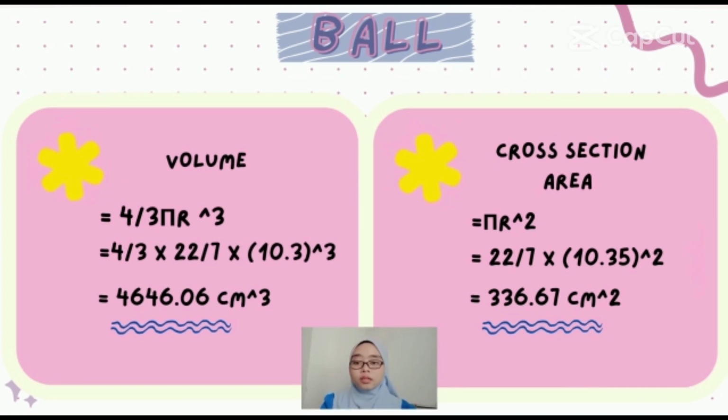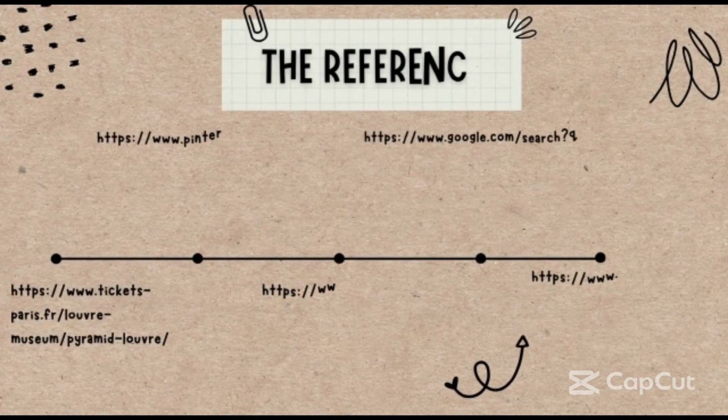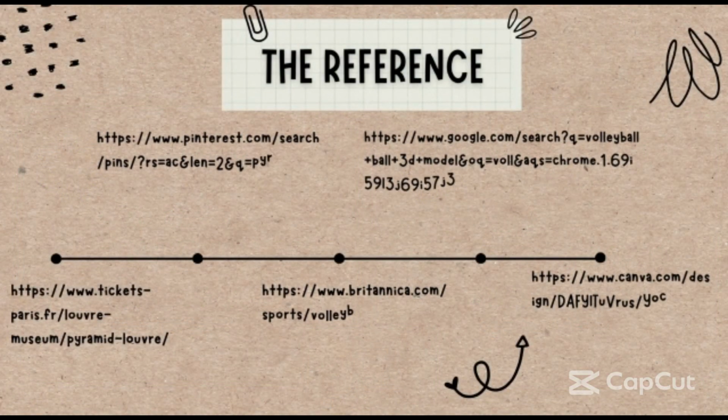And lastly, for the cross-section area, which is a circle shape, we use the area of the circle. The formula of the circle area is pi r squared. So 22 over 7 multiplied by 10.35 squared equals 336.67 cm squared.